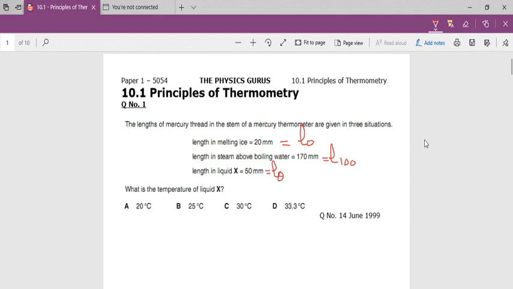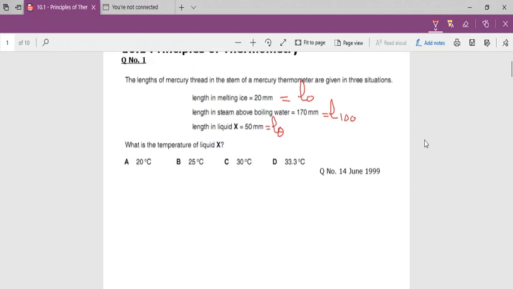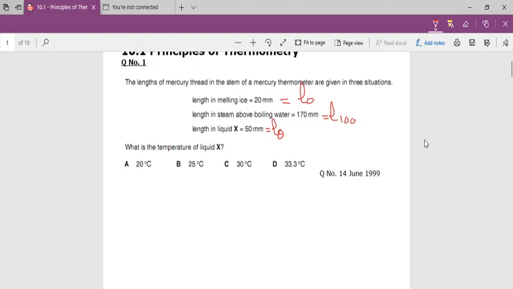As you all know, the formula to calculate this is theta degrees centigrade equal to L theta minus L0 over L100 minus L0, multiplied by 100. So we will substitute the values. The L theta is 50.